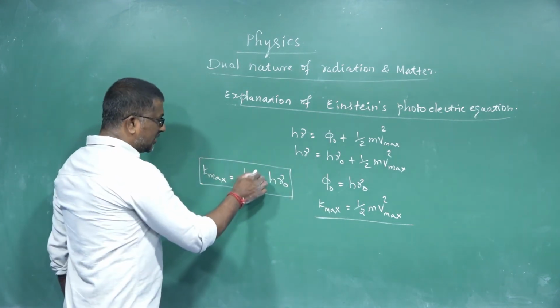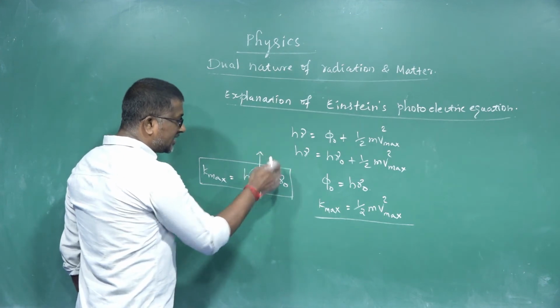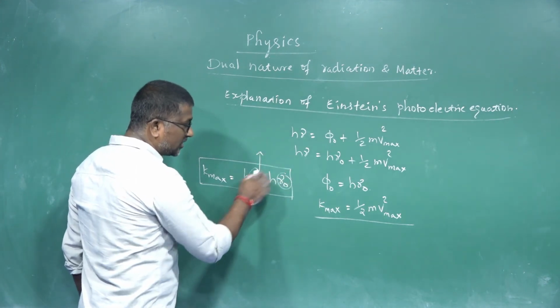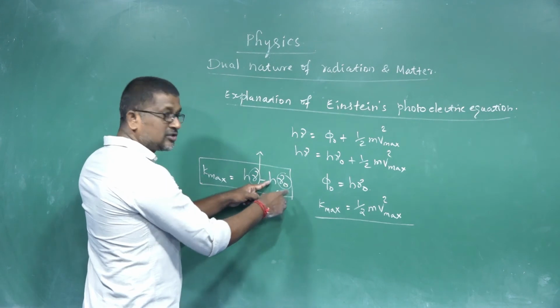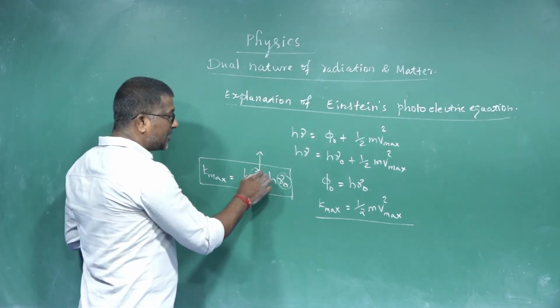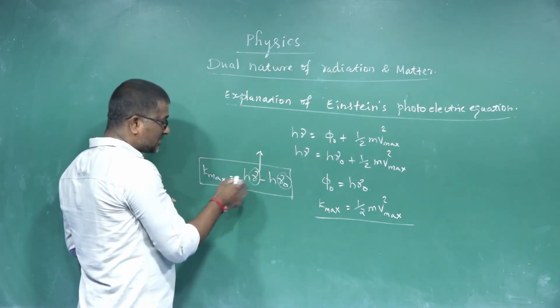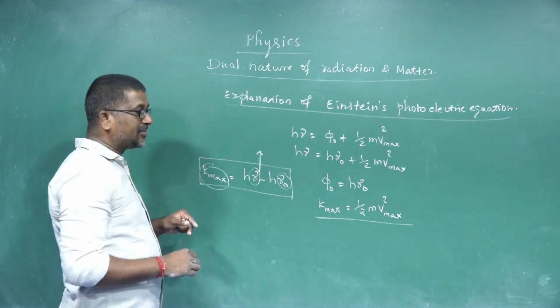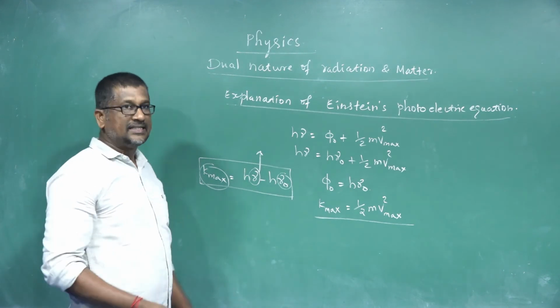Here h is Planck's constant and nu naught is the threshold frequency. These two values are constant, and nu is the frequency of the radiation. If the frequency of the radiation changes, automatically the kinetic energy of the emitted electron also changes.